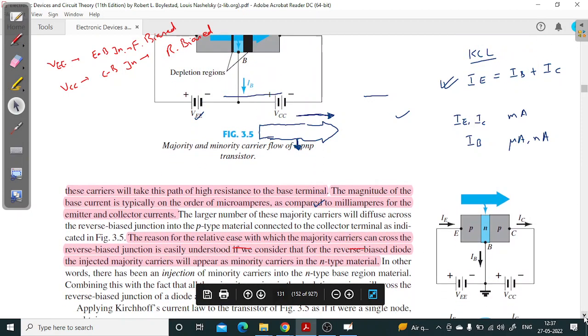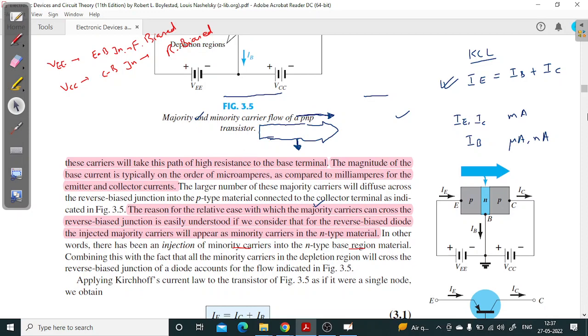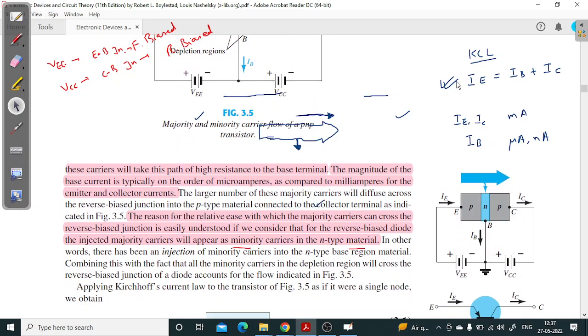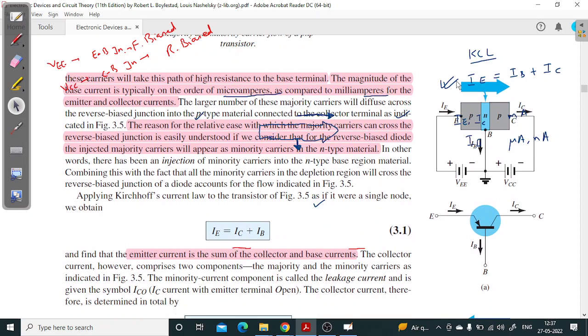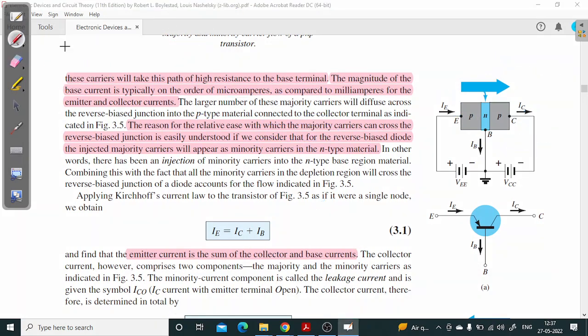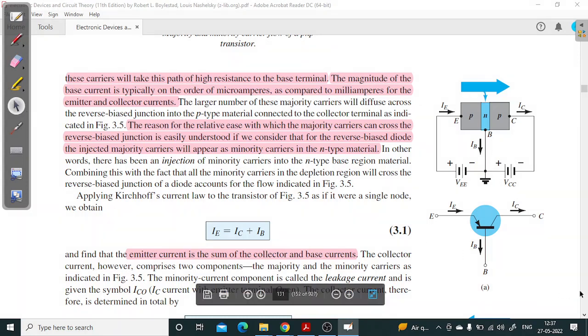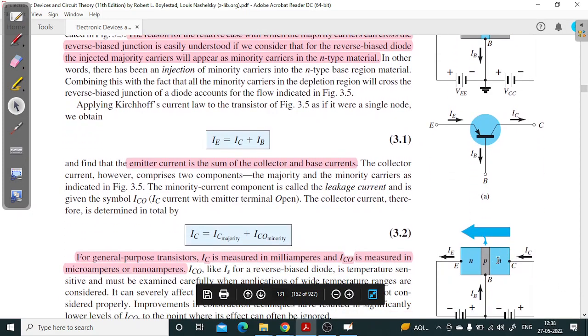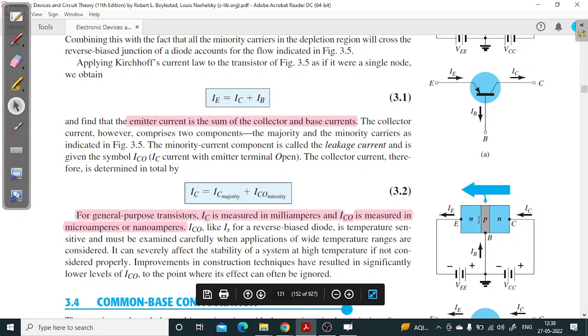Okay, so this can be explained for an NPN transistor also in a similar fashion. For an NPN transistor only the direction of currents will change, because we have changed the type of materials.